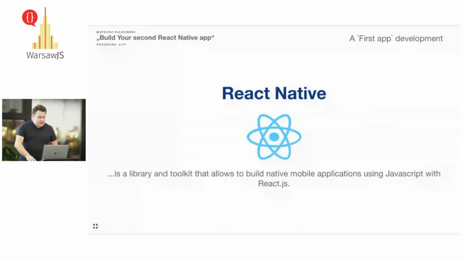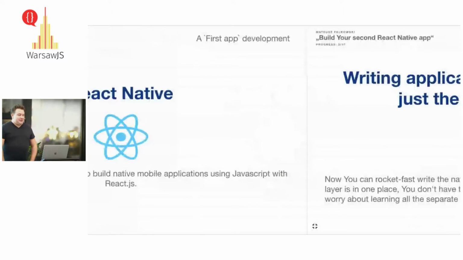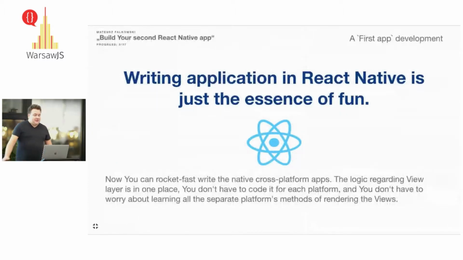And now I will tell you why I love it. Because with React Native, you can very quickly write native cross-platform apps, and the logic regarding the view is always kept in one place. You can still utilize the best React features like hooks, state, props.